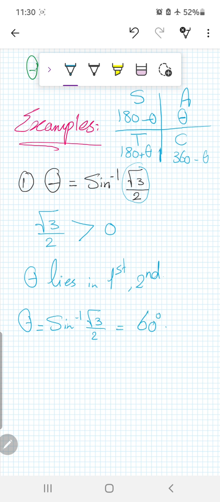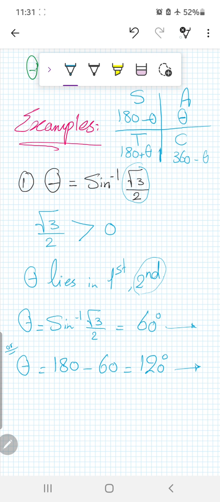We want to get the other value. The calculator doesn't give you the other value, so look at the first, 60, acute. Here in the second it will be 180 minus theta. So to get the other value, write 180 minus theta, here 60, so the result will be 120. So here we have two values of theta. If you check in your calculator sine 120 or sine 60, the result will be root 3 over 2.